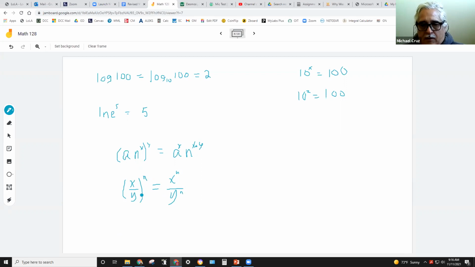And then if there was another power on one of these, then this would apply here. So just remember that. Both of those come under the context of the power rule. We're dealing with exponents.